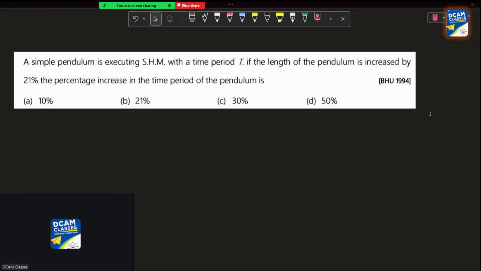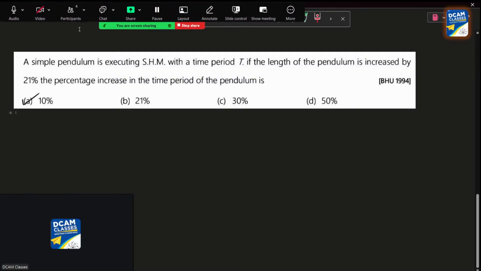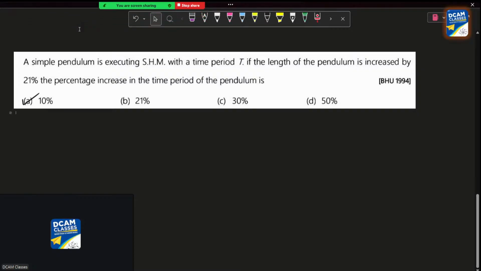The 10%. 10% only. Very good. Shall we try to solve this question?